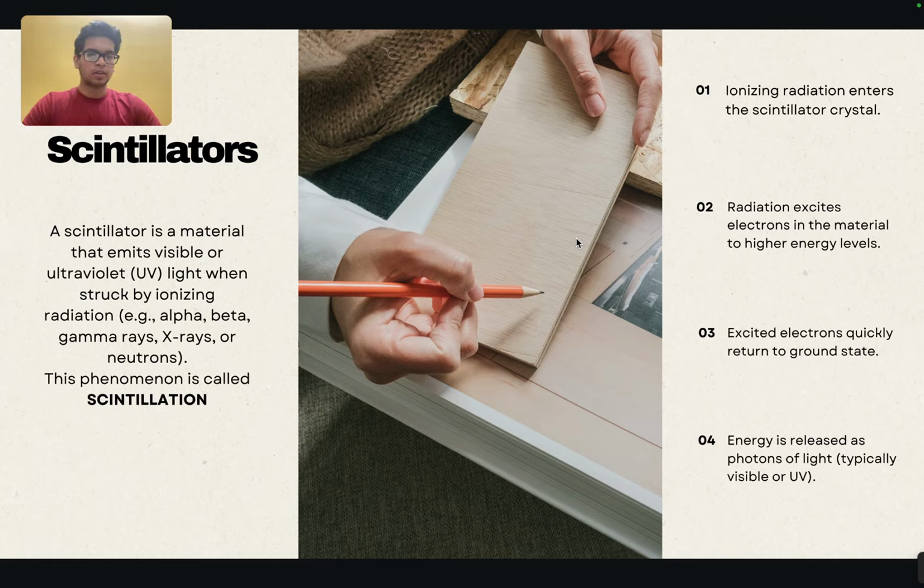These excited electrons then proceed to de-excite into the ground state, releasing photons with energy equal to their band gap, and these released photons are then given to the photomultiplier tube for detection, and these photons are typically in the visible or UV range.